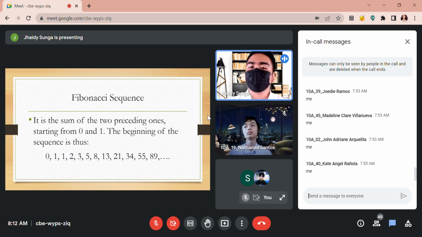So this Fibonacci sequence is really famous and widely used in any kind of sequence that we have. From zero, this is level 1, 2, 3, 4, 5, 6, 7, 8, 9, 10.